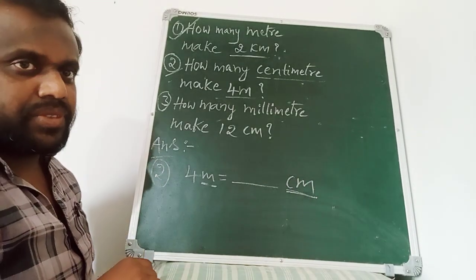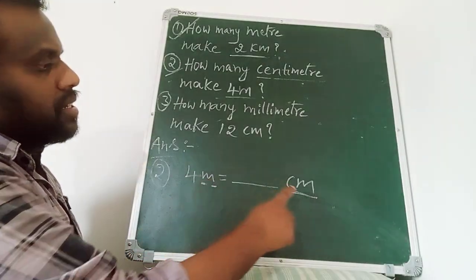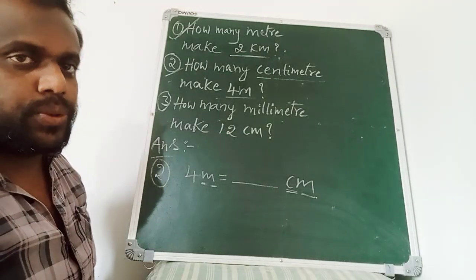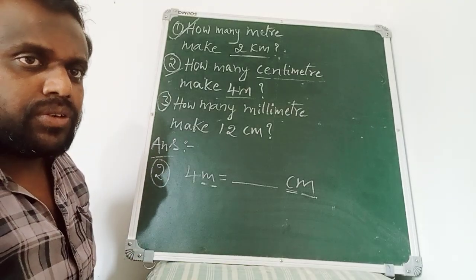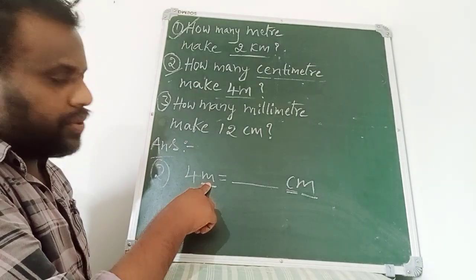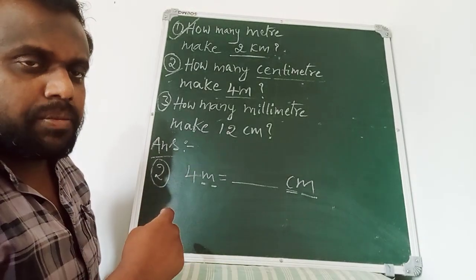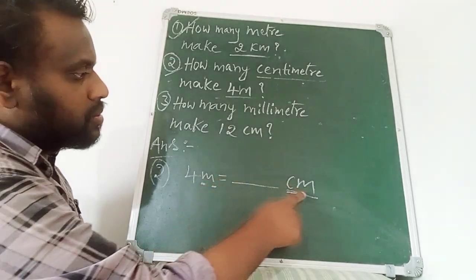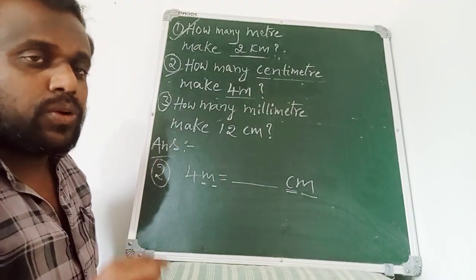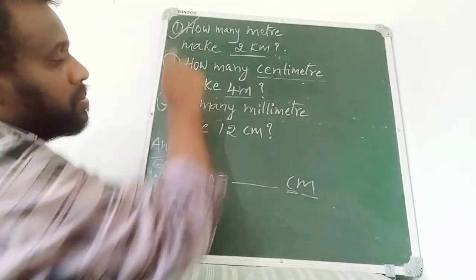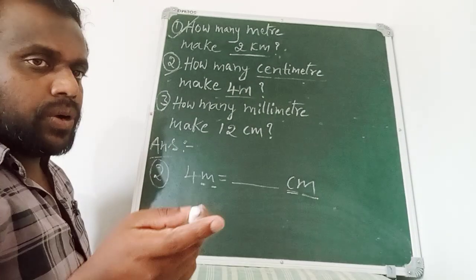Centimeter is the smaller unit when compared with meter. So to convert bigger unit to smaller unit, as in the previous example, we should multiply by something. In the first problem the something was different, and here that something is different. What is that?